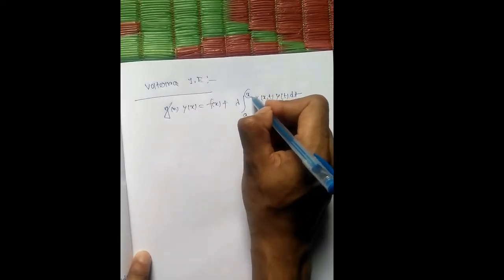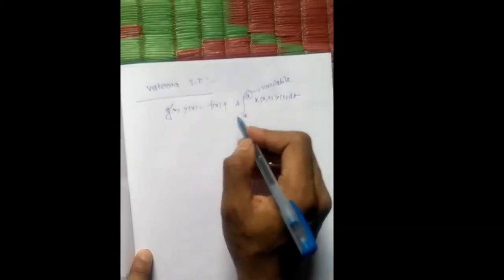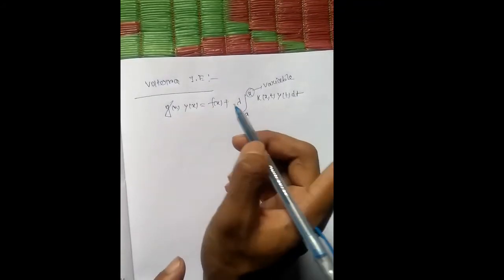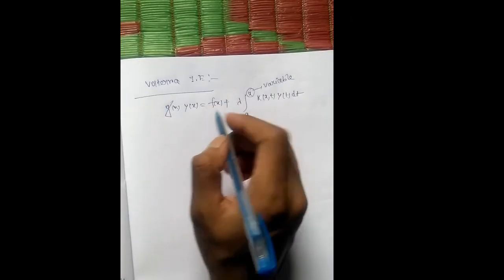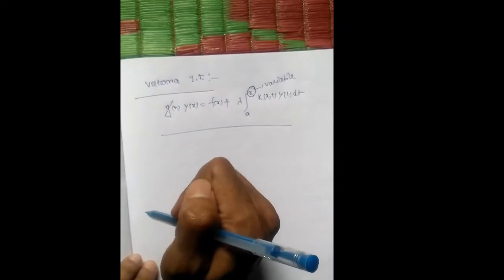You see that the upper limit is variable. When the upper limit is fixed, the integral equation is a Fredholm integral equation, and when the upper limit is variable, it is a Volterra integral equation.